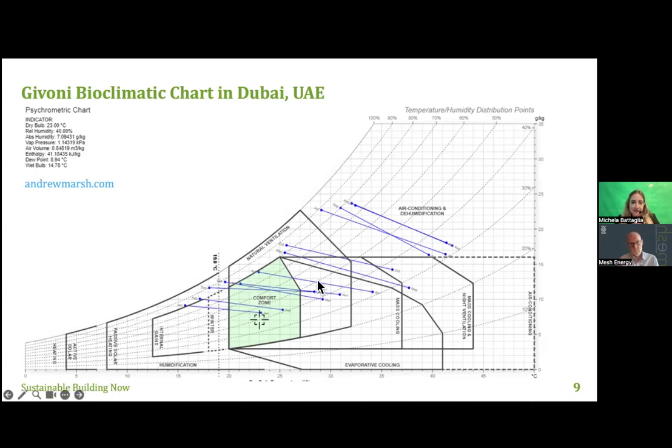Here you can see that during the winter in Dubai, we are in the comfort zone, but also in the internal gain zone. We are also here in the zone of natural ventilation and mass cooling, and only in such a case are we in the summer. We are in zone 13, where we need air conditioning and humidification, because here in Dubai the humidity is really high.